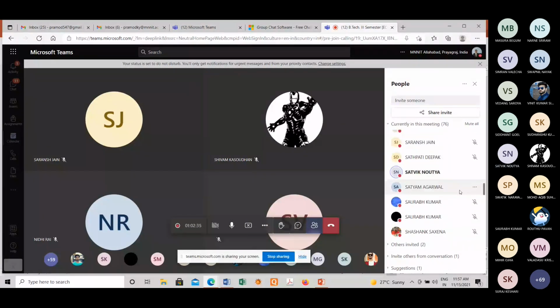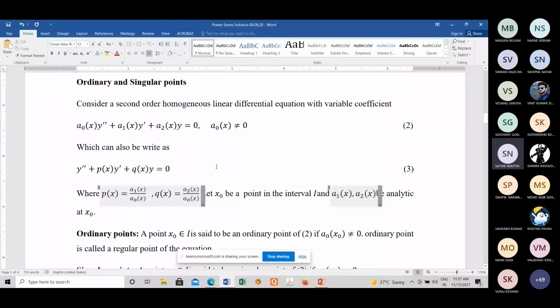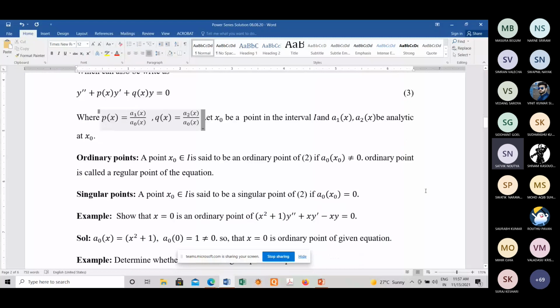Yes, sir. What is the value of p x in this problem? Yes. p x equals x, sir. And q x equals minus x. Sir, it means x square plus 1.